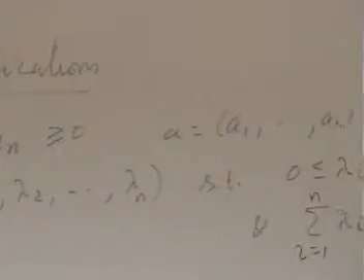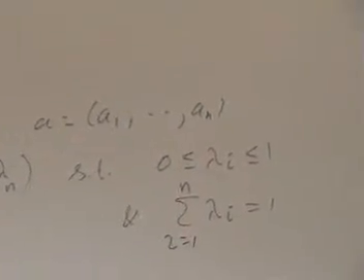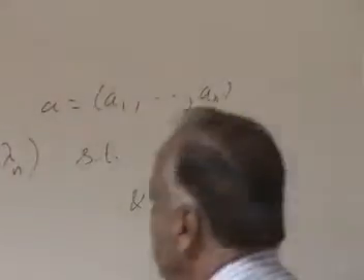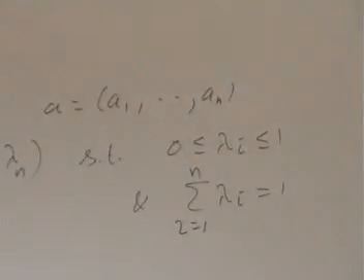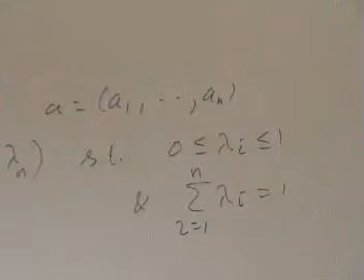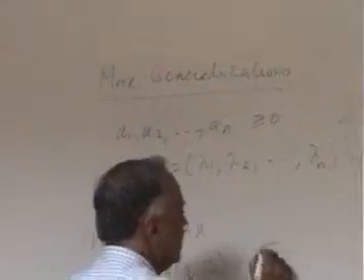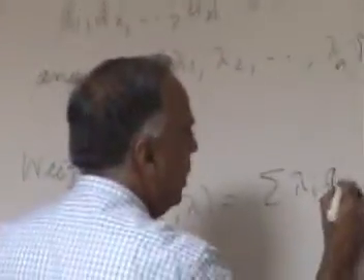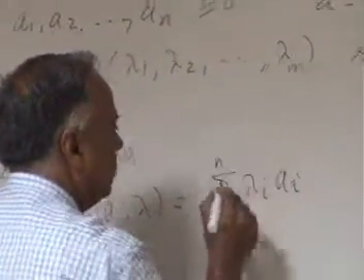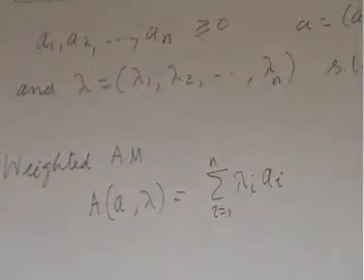Okay, a discrete probability distribution. So then we define the weighted arithmetic mean Aa, which depends on these numbers with the weightage vector as lambda. I define it to be simply the summation of lambda i Ai.